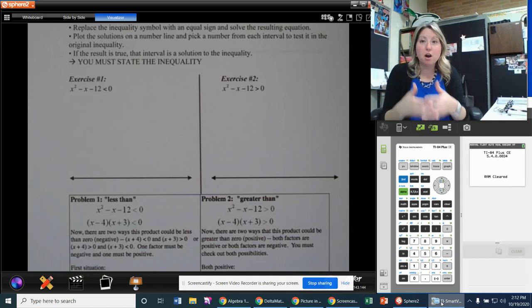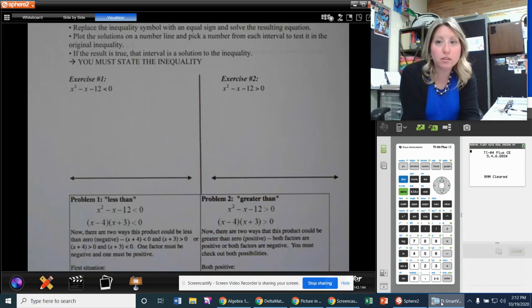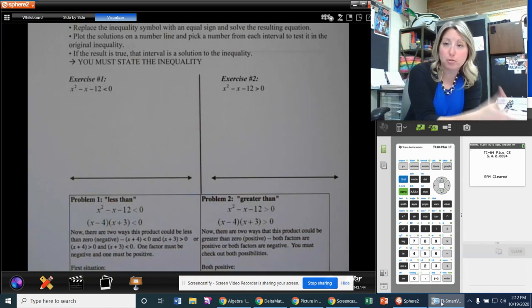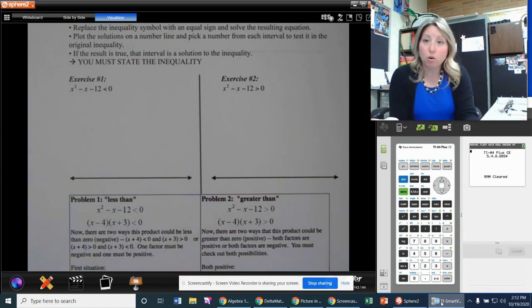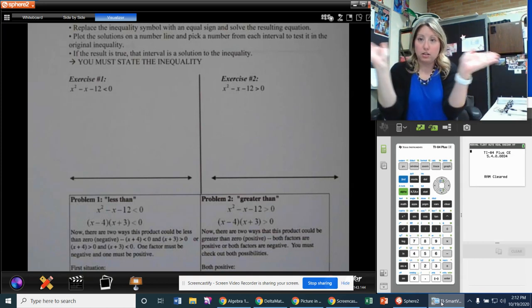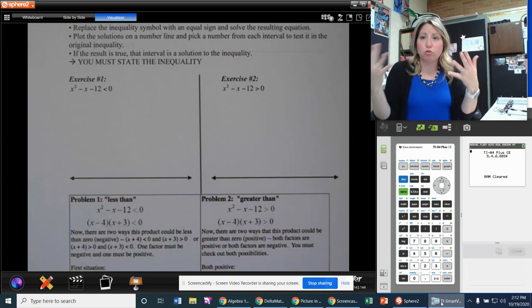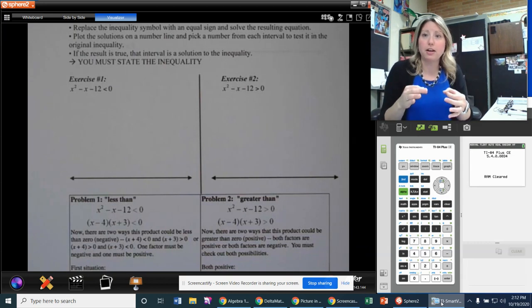So this is where the number line is going to be super important, because we need to state the inequality as either an and, a between inequality, or an or, an outside inequality. Okay? But the number line is really what drives getting that final answer.